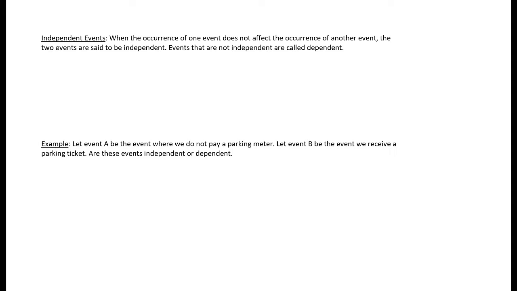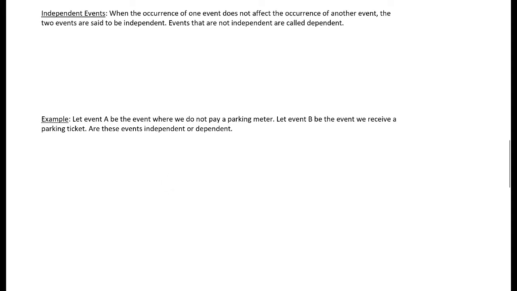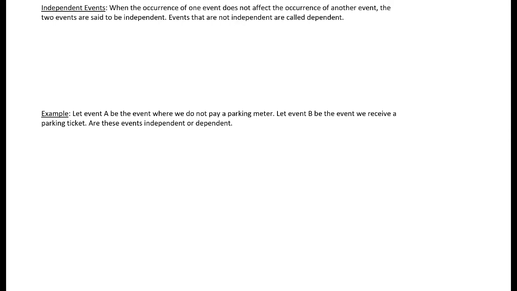For example, let event A be the event where we do not pay a parking meter. Let event B be the event that we receive a parking ticket. Are these events independent or dependent? Well, you have to ask yourself, are these events related to each other? Are these events affecting each other?